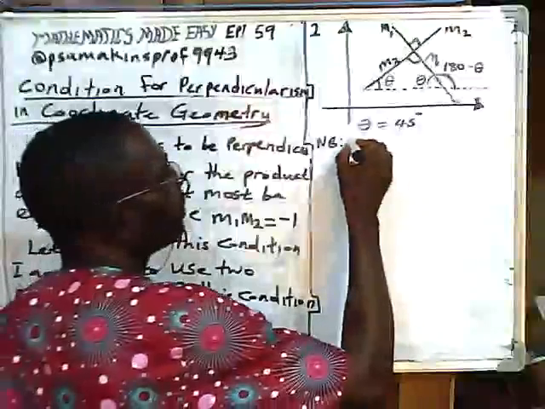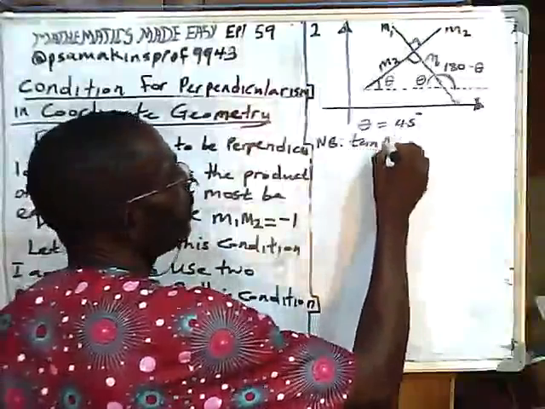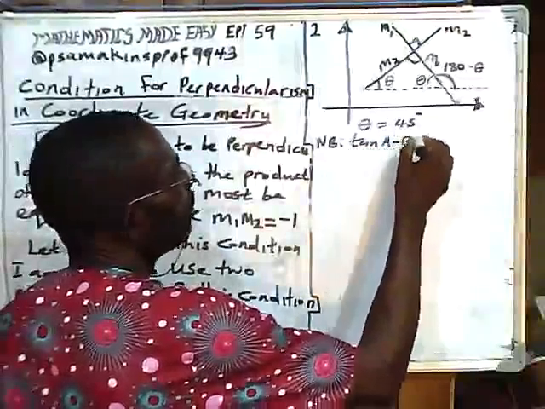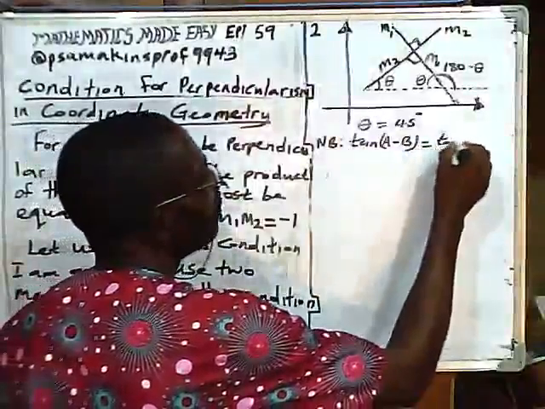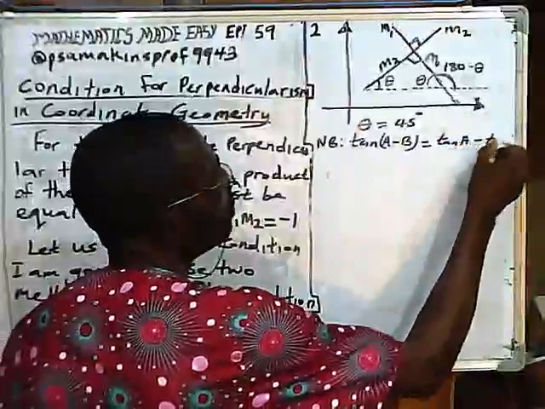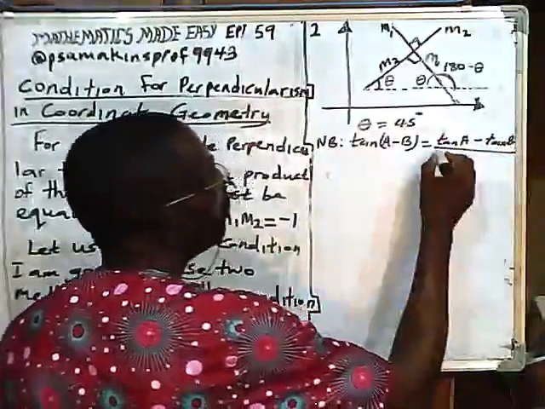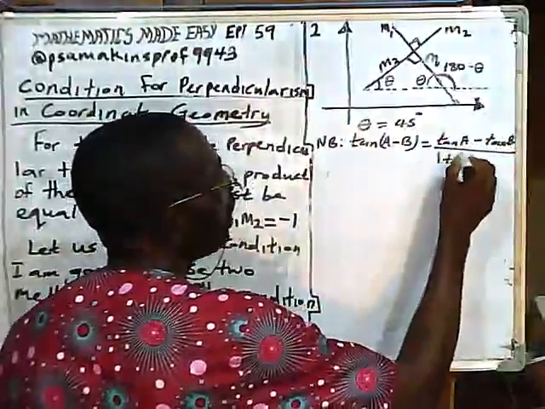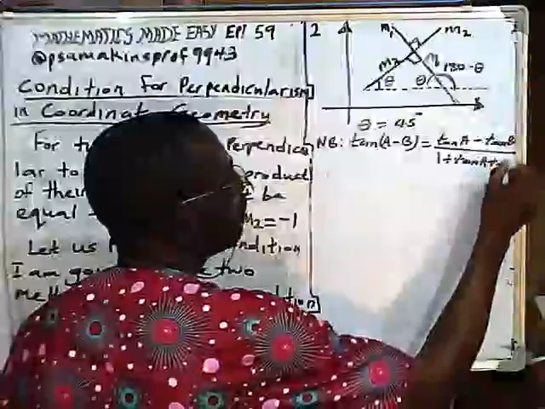So we know that tan (A minus B) is given as (tan A minus tan B) all over (1 plus tan A tan B).